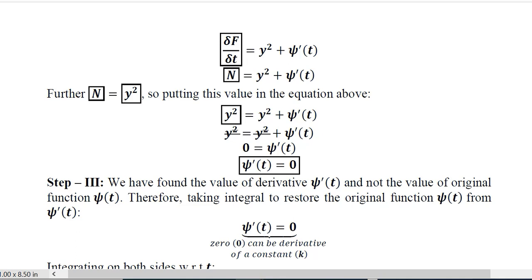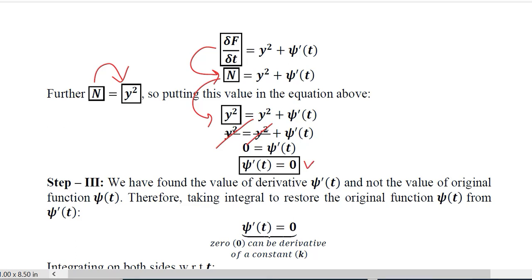So you saw that instead of writing this, we can write n, and we know that the value of n is y square. We just looked in the given data. So we substituted n and we wrote y square, its value, in its place. And incidentally, we have y square on the right hand side, which gets cancelled out, and finally we get psi bar t is equal to 0.